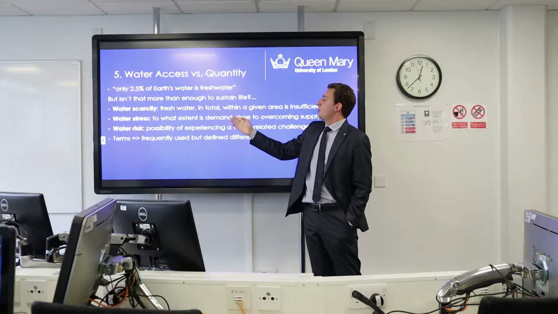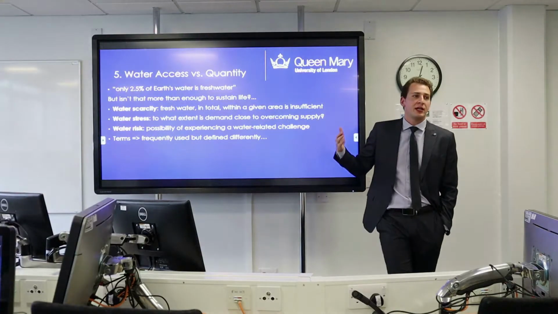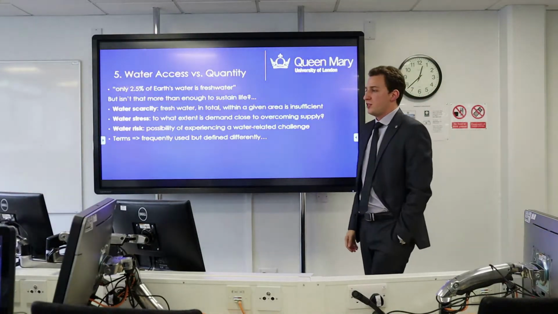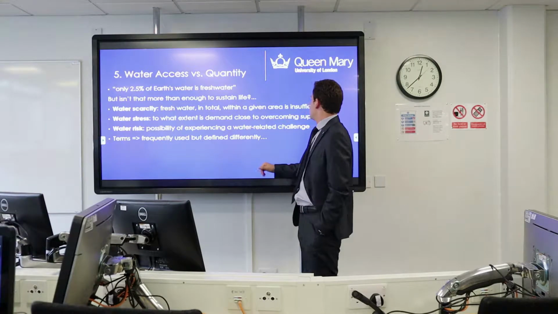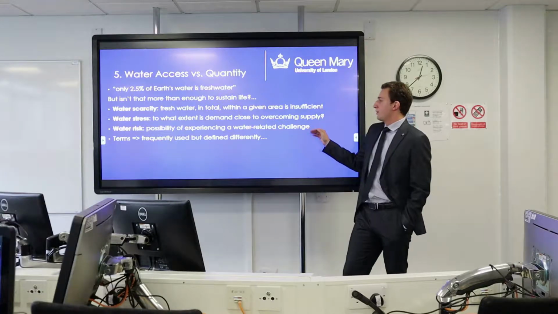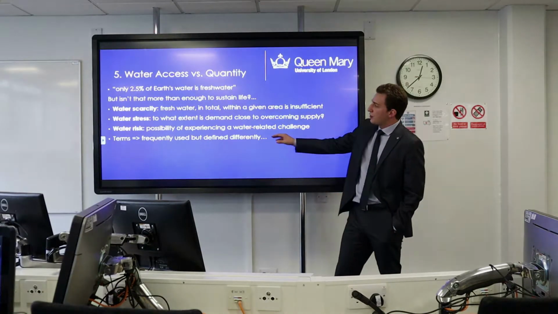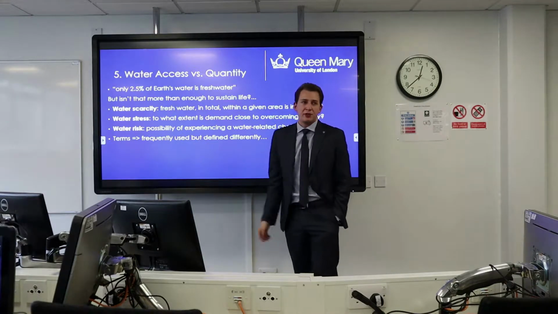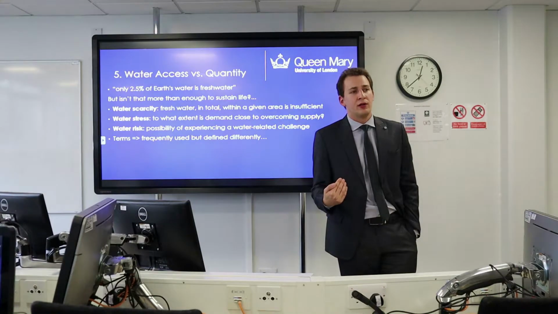So when you have projections for demand exceeding supply by a large margin, you seem to have a lot of water stress. You have water risk. So what is the possibility of experiencing a water-related challenge? So these are terms that are used very frequently, but different scholars do not necessarily define them the same way.